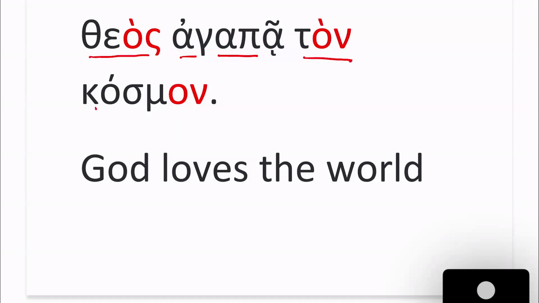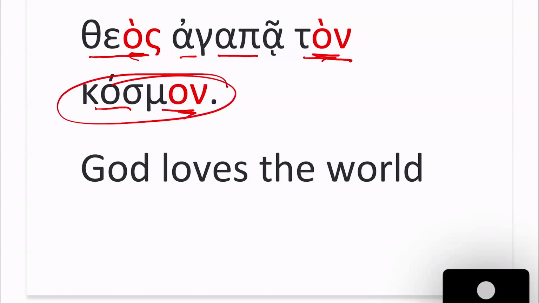Ton kosmon, God loves the world, is what this sentence says. But it's these endings here that are communicating to me who the subject is in this sentence. World cannot be the subject because it's in the accusative case. Theos must be the subject because it's in the nominative case.